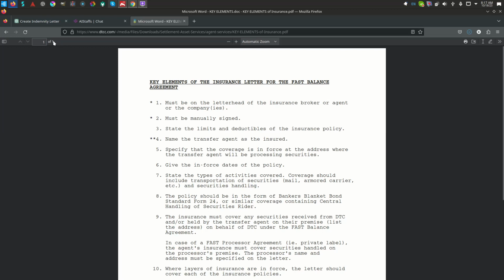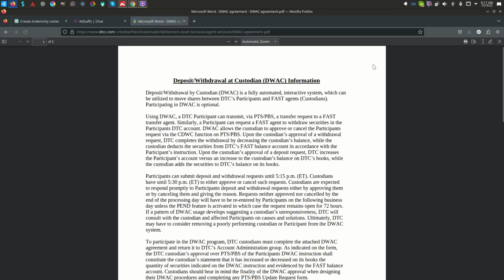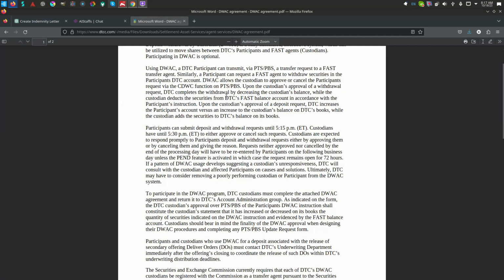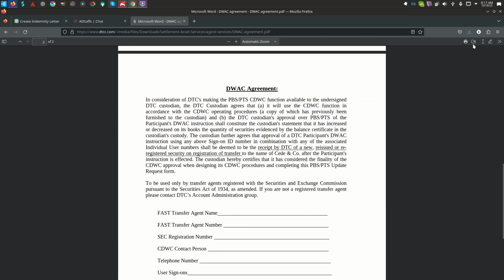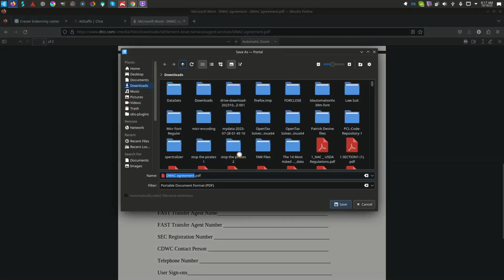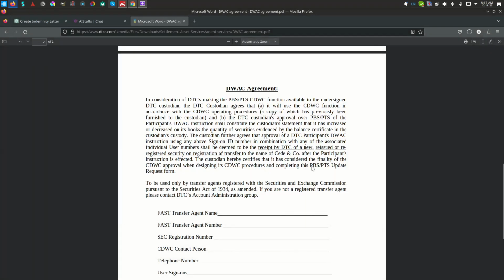Lloyd's in London. Interesting, isn't it? Very. And deposit withdrawal agreements. Maybe it'll give us some more. Well, we got the deposit withdrawal custodian. Wow, all of this beautiful bean footage.